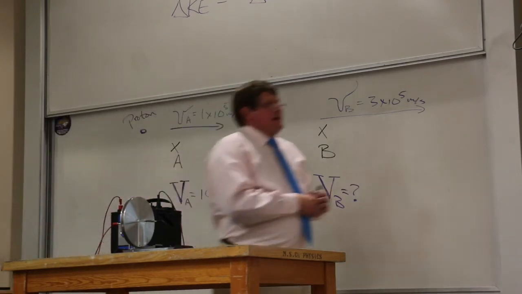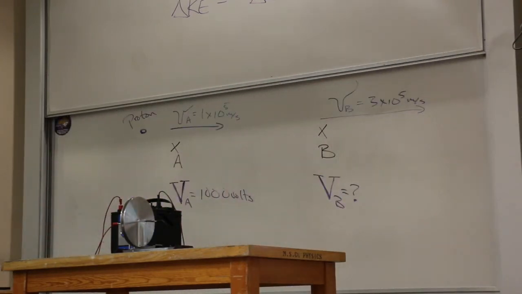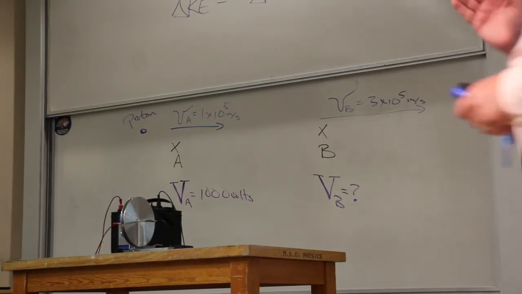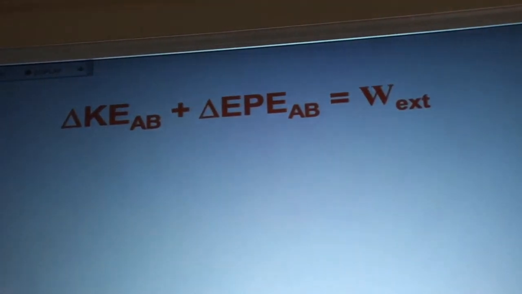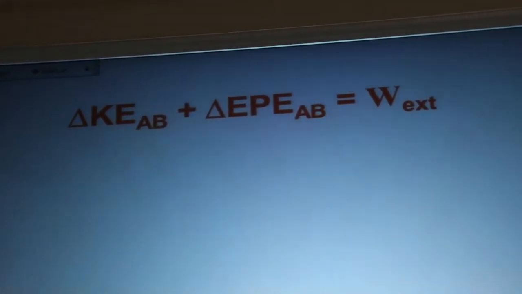Okay? Now, here's how you solve this problem, which is all the problems. You start with the Grand-High-Werk energy equation. However, in 99% of the problems, the Werk done by the external agent, the hand, is 0.